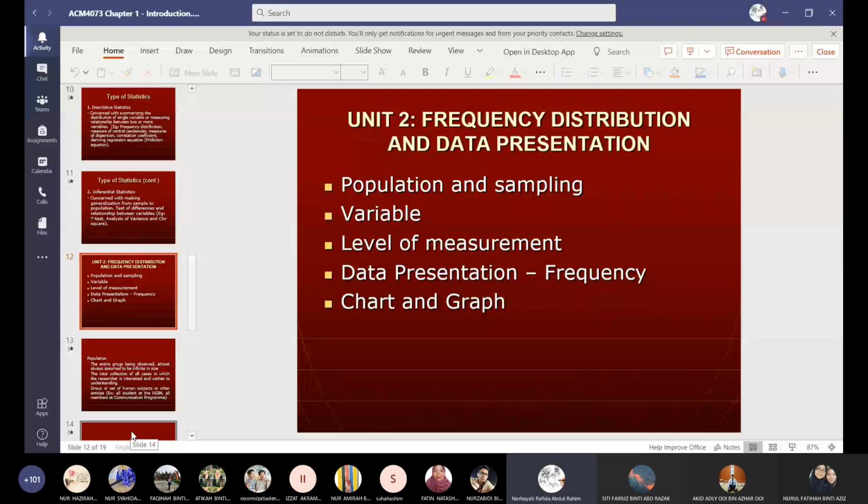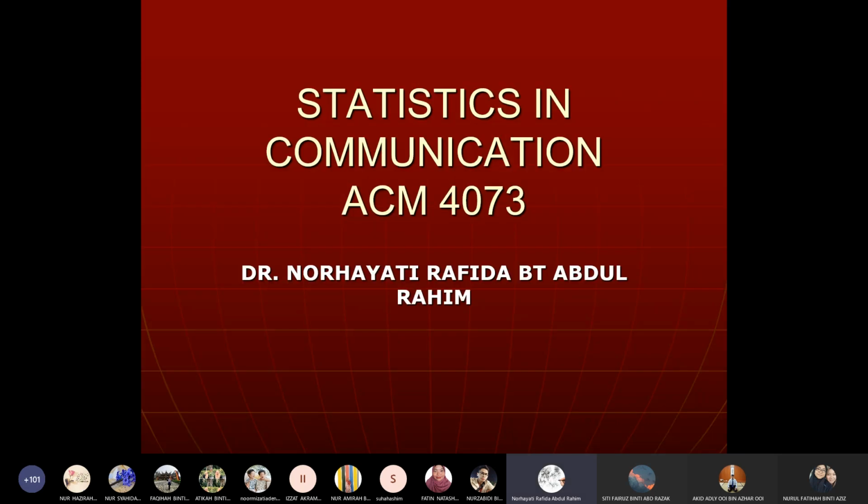And the third one is level of measurement. What measurement you include: size, correlation, t-test, ANOVA or ANCOVA, MANOVA or MANCOVA.